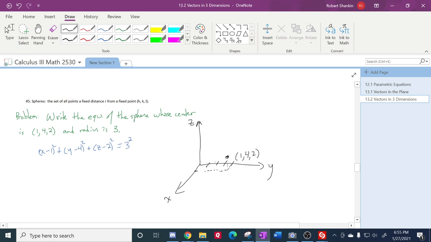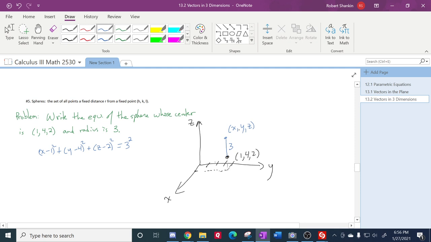Now the sphere has all points that are 3 units away from this point. I'm going to take just one of those points and call it (x, y, z). Every point (x, y, z) that is 3 units away from this point will be on the sphere.